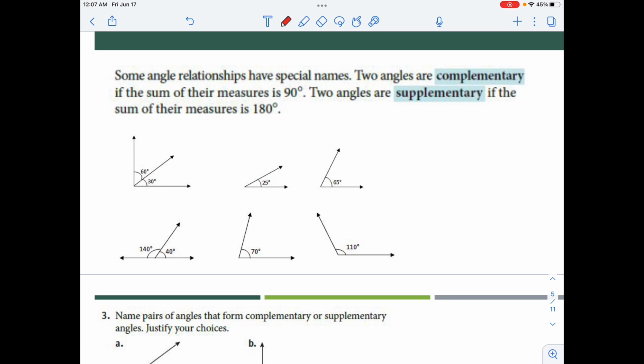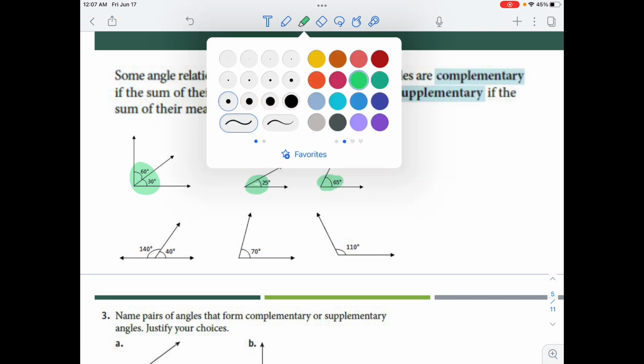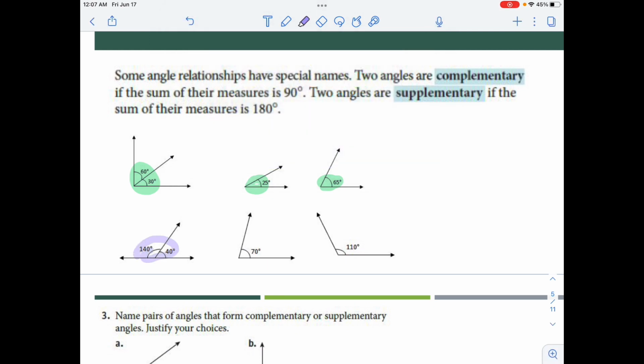Supplementary and complementary angles do not have to be adjacent, or we can say share a vertex inside or next to each other, but they can be. Here they're next to each other. Here they're not.